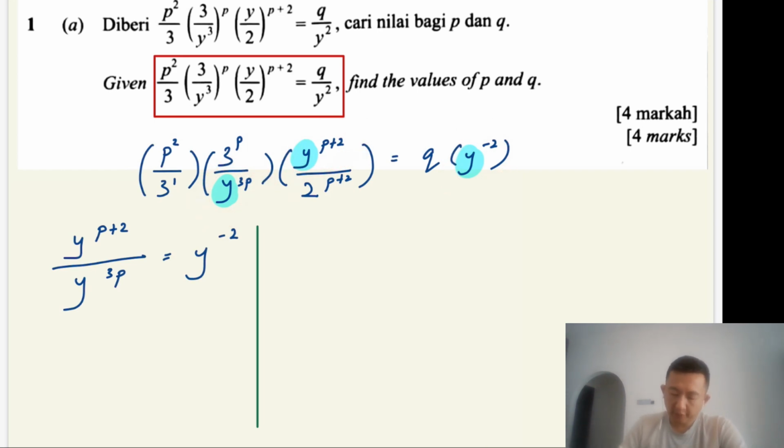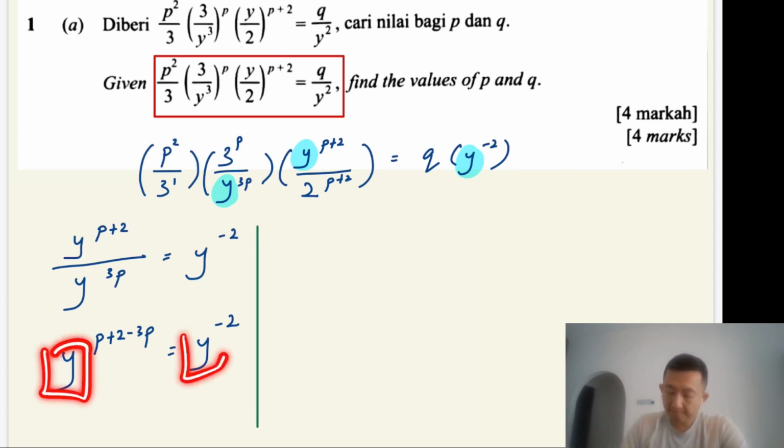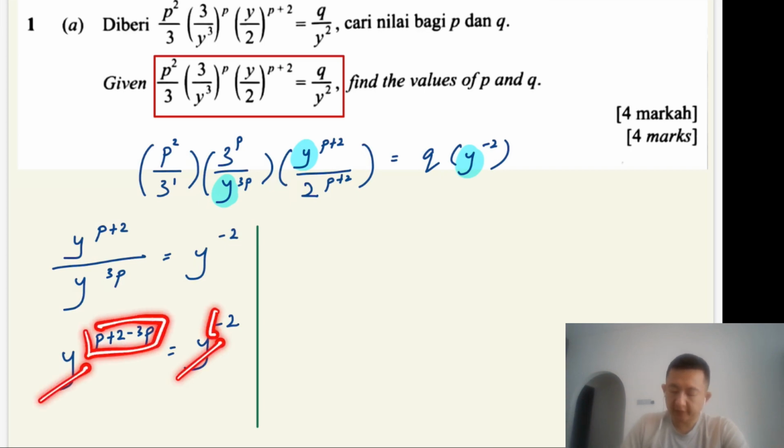Now we do the comparison. Whenever it's a division between the same base, that will be a subtraction between the powers. Combine it, so we have P plus 2 minus 3P. When you arrive at this step, you can ignore the base by just comparing the powers because they are equal.